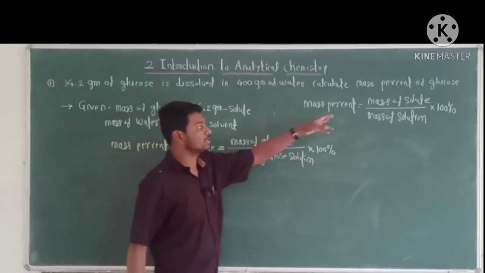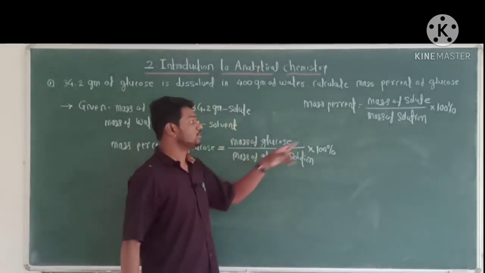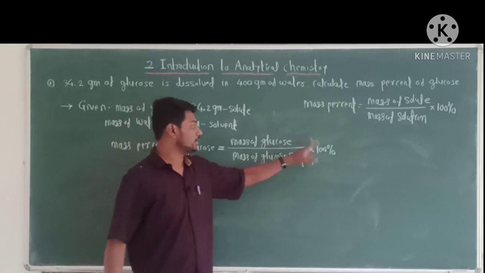That is, the mass percent of glucose is mass of solute divided by mass of solution, that is mass of glucose solution, into 100%.